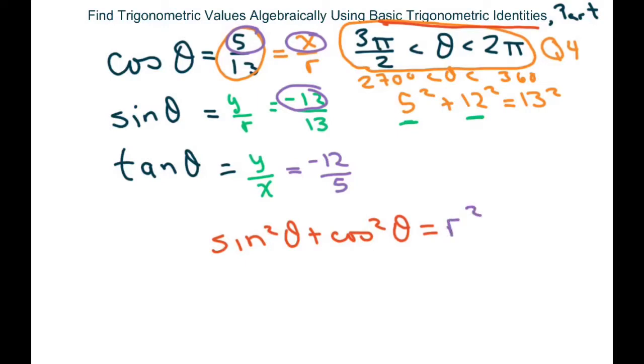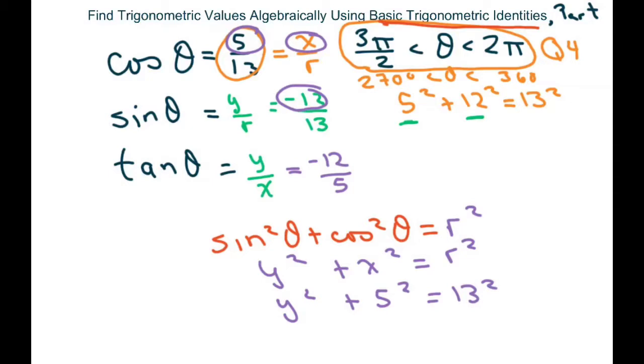Basically it's just saying y squared plus x squared equals r squared, which is the Pythagorean theorem, and also the circle formula. So we don't know y squared, x is 5 squared, and r is 13 squared. So solving that, you're going to get the 12 here.